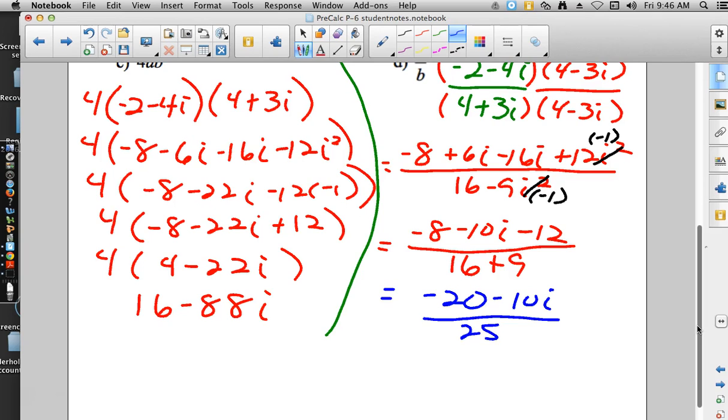How many of you went ahead and separated it into real number part and imaginary part before you did the simplify? Yeah, and you know, it just drives us bonkers when we see this.